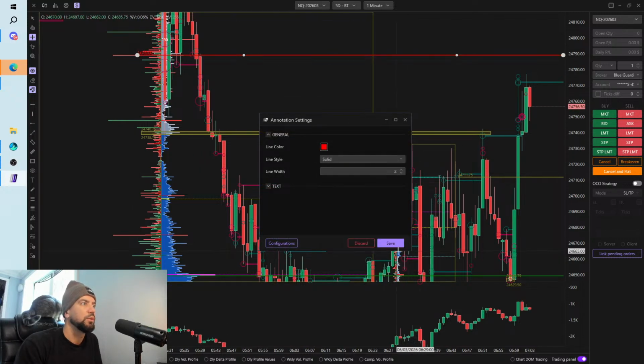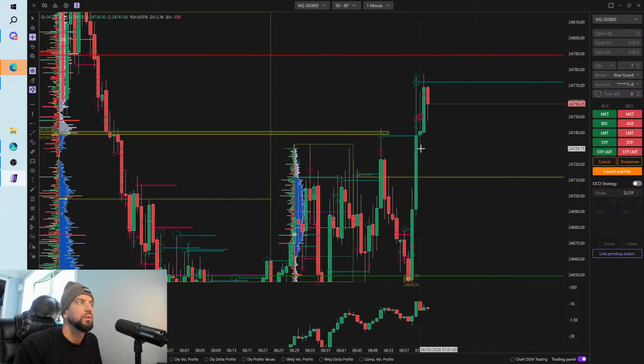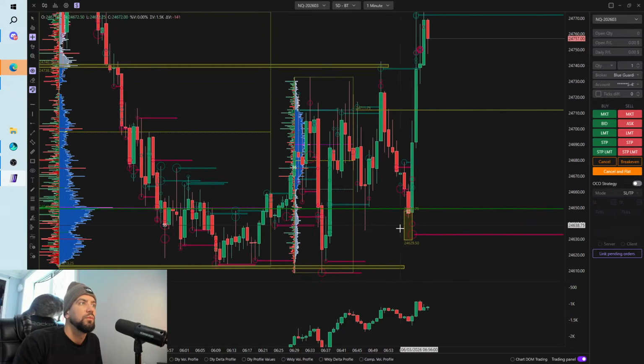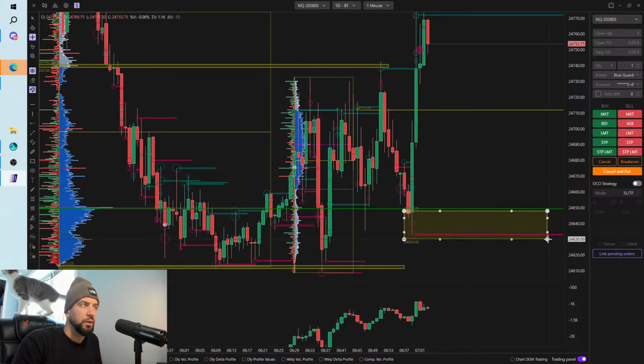Like that red, that's where the selling appeared. So this is the traditional setup. We'll wait till it comes down and retest this area. This is classic absorption though, right here. Yeah, 1, 2, 3 absorbed.